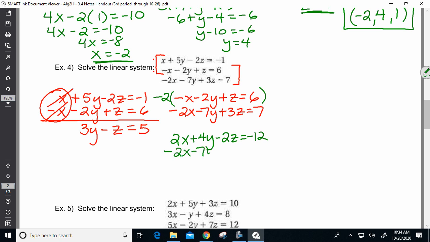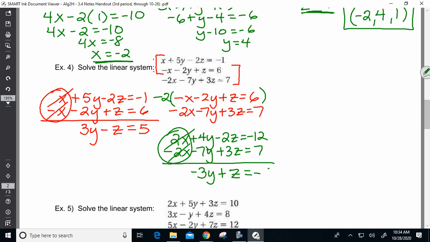The other equation comes down. Now your x's are opposite. Drop. Negative 3y plus z equals negative 5.